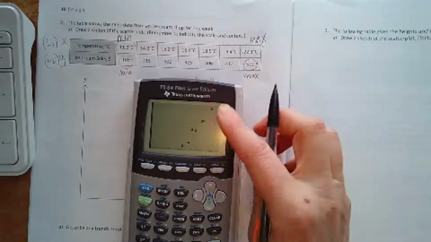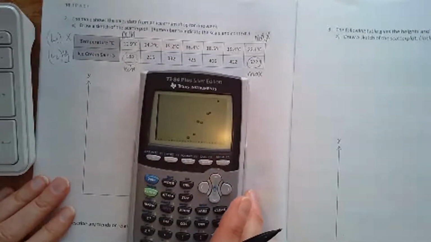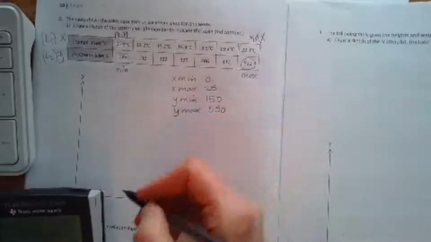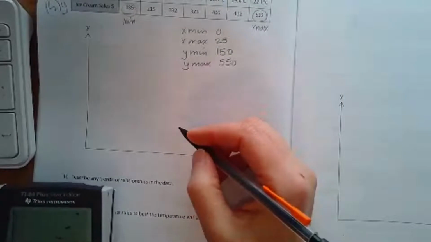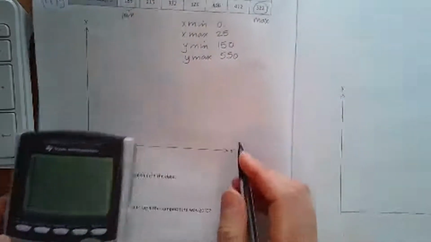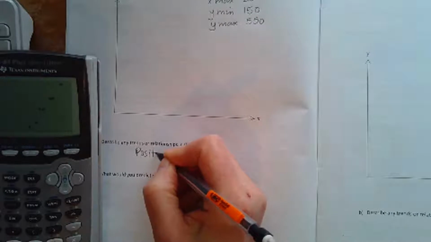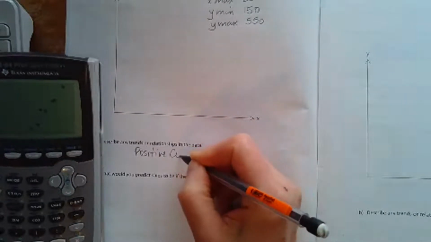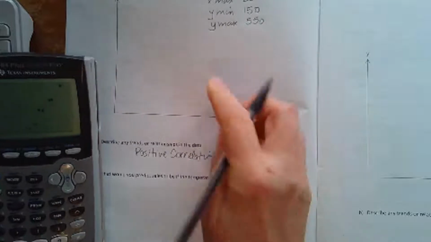Now if your teacher asks you to plot this, you would still have to plot this on your grid, like you did longhand yesterday for homework. But if your teacher was just asking you what's the trend, I see there's a positive trend. Describe any trend: there's a positive correlation. And if you look at the story, I'm hoping you did this for homework yesterday, so I don't have to recreate this graph.